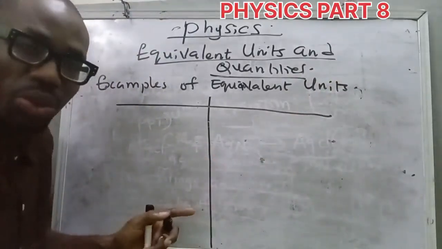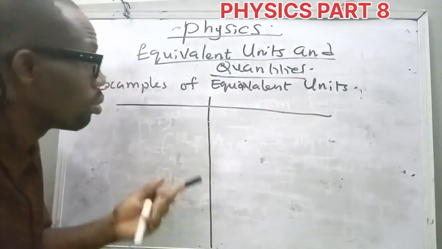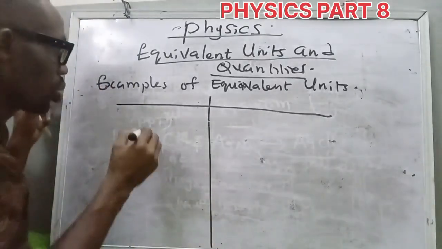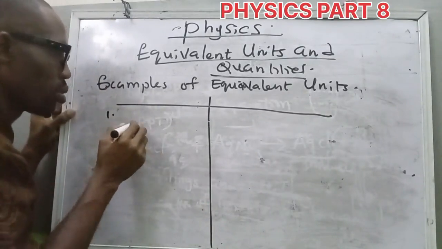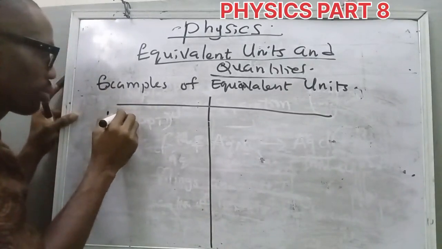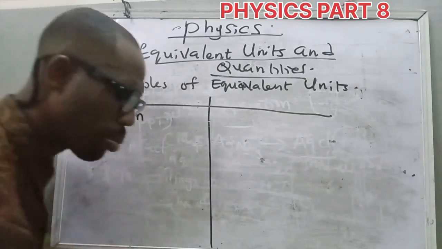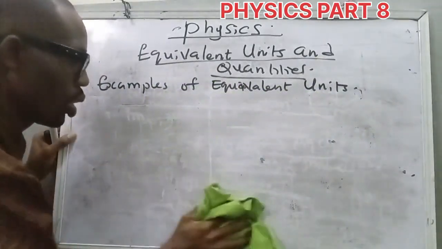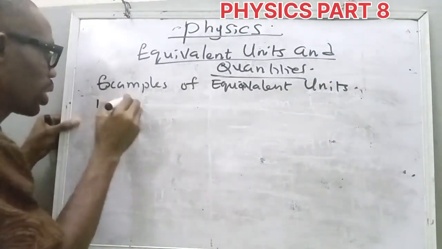So examples of equivalent units, or units with the same quantities or dimension as the case may be. So here, number 1, we have impulse. Or let me not tabularize it because I'm going to make a proof. I'll prove some things for you. So sorry about that. So number 1, let's start with impulse.